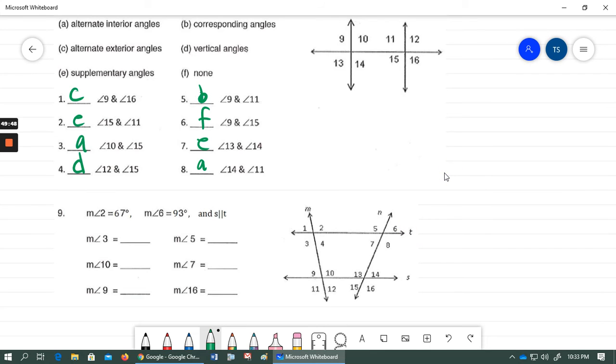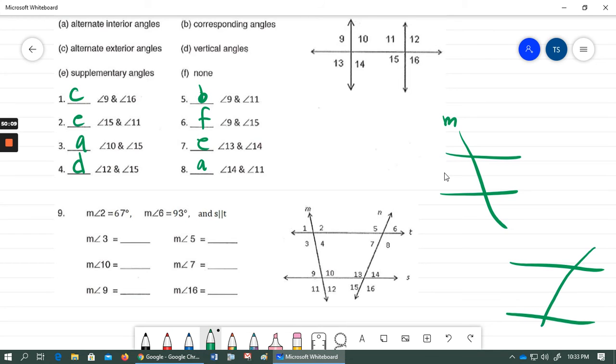Let me make sure you know that there are two different transversals there. One of the transversals is line M, and line N, as in Nancy, is the other transversal. Those transversals are not parallel to each other.